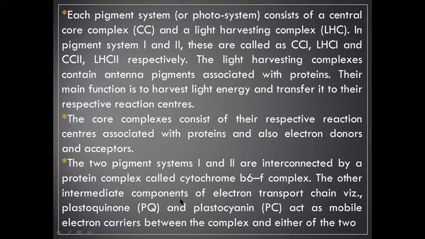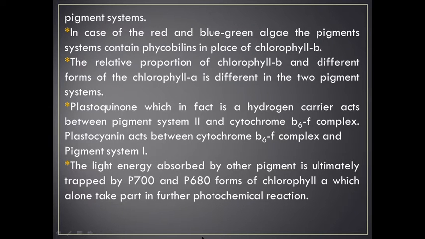The other intermediate components of electron transport chain are plastoquinone and plastocyanin, which act as mobile electron carriers or electron transporters between the complex and either of the two pigment systems.